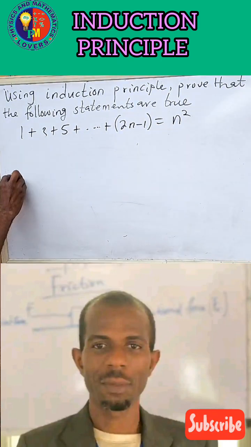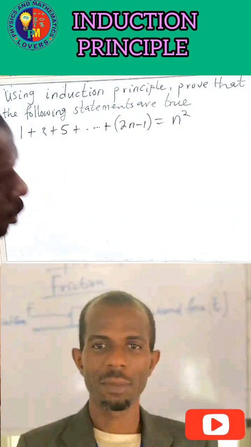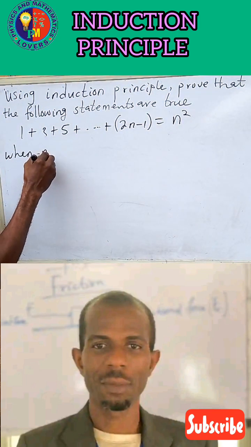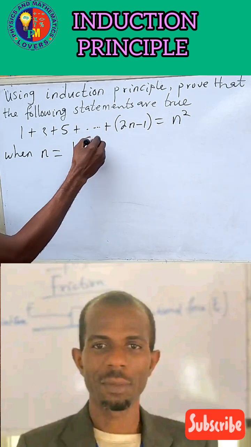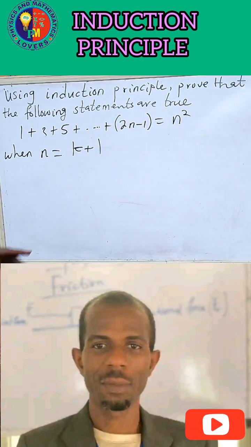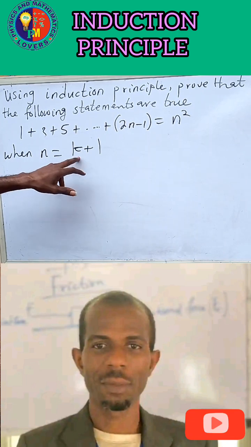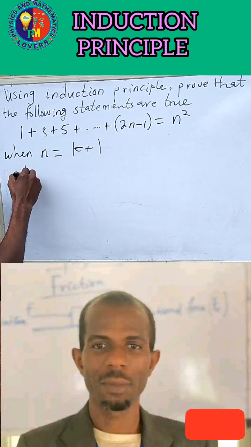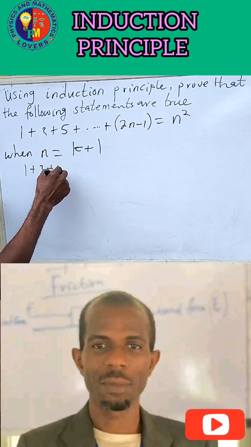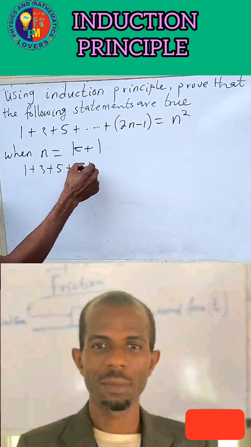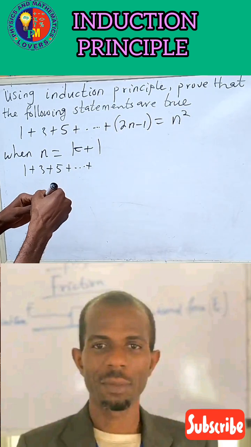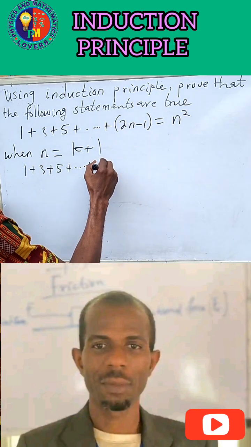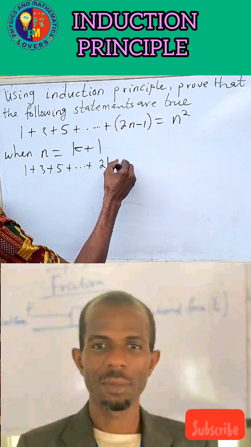The next step is to test whether k plus 1 holds for this expression. So we put n equal to k plus 1, which means we plug in k plus 1 for n. Here we bring out 1 plus 3 plus 5 plus, up to, remember our k term, don't forget, it becomes 2k minus 1.